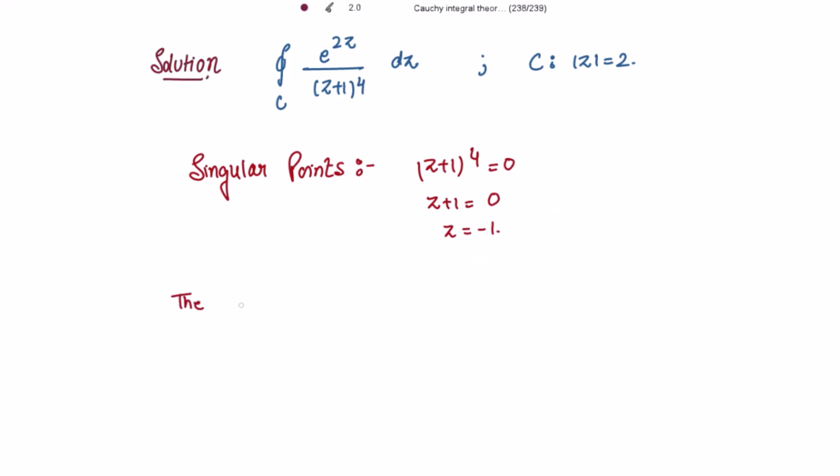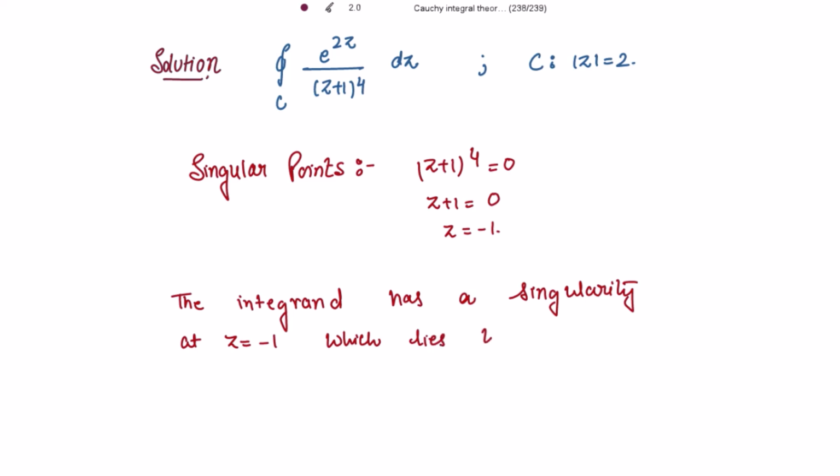So the integrand has a singularity at z equal to negative 1, which lies within the circle mod z equal to 2.